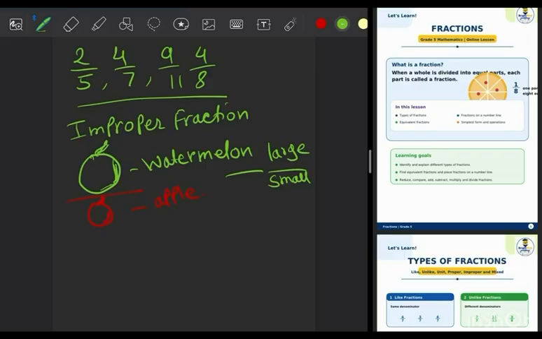The large number is 9 and for the apple I will give the small number 4. So 9 by 4 is an improper fraction.